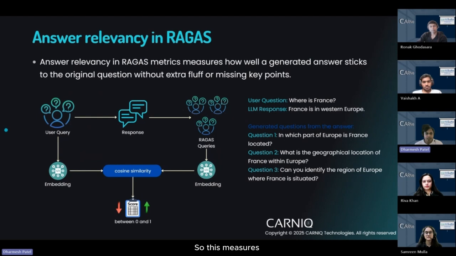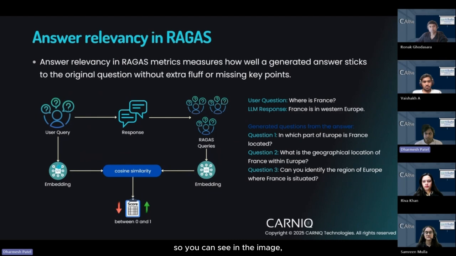This measures how well the AI's answer sticks to the original question without adding extra stuff or missing the point. Now Ragas does something very clever to measure this.